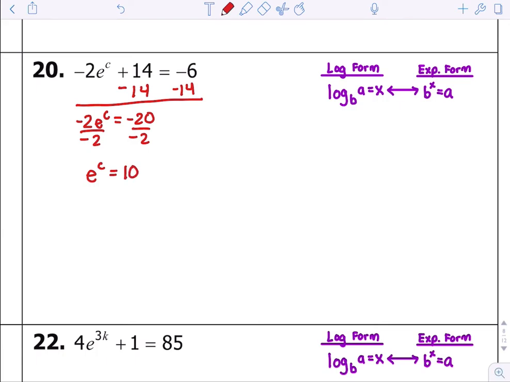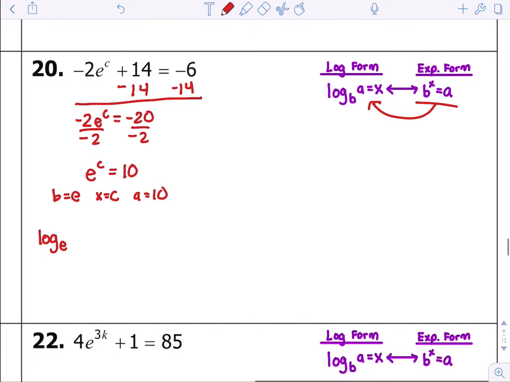So now we have exponential form, and now we're going to make it into log form. So our b value is e, our x value is c, and our a value is 10. Plug that into our log form. So log of base b, which is our e, of a, our a is 10, and our x value is c.